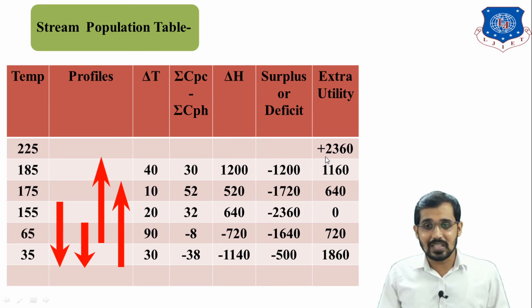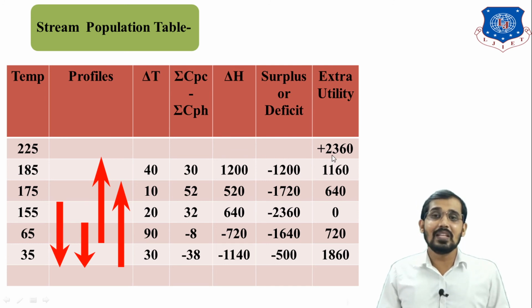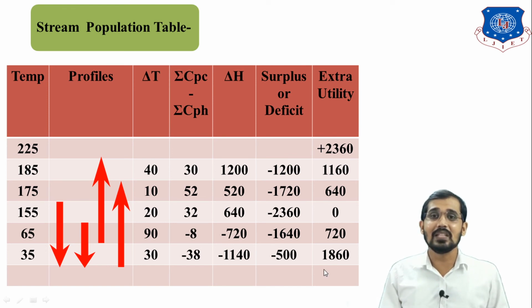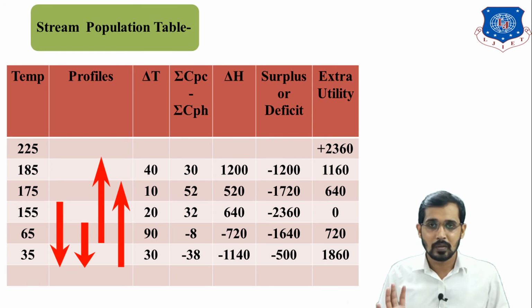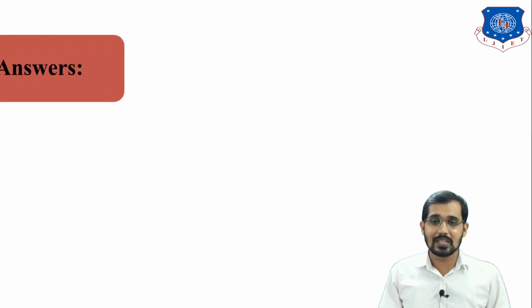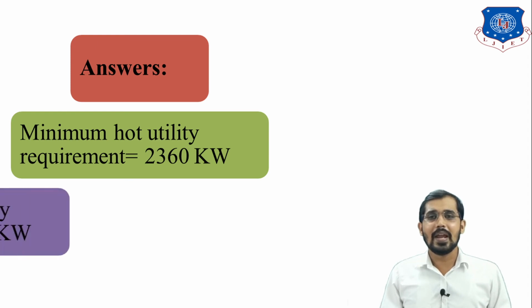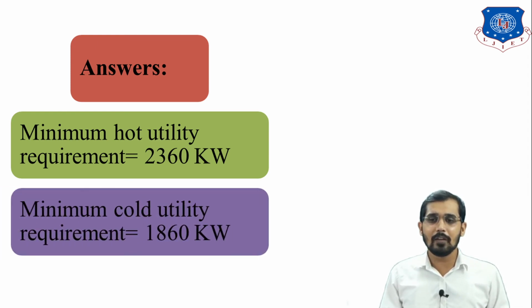And you can see here this plus 2360 is your minimum hot utility requirement, and this 1860 is nothing but your minimum cold utility requirement. Done. So this is your answer. You can see on the screen now the answers. Minimum hot utility requirement is 2360 kilowatt, and minimum cold utility requirement is 1860 kilowatt. So this is the answer for this question.